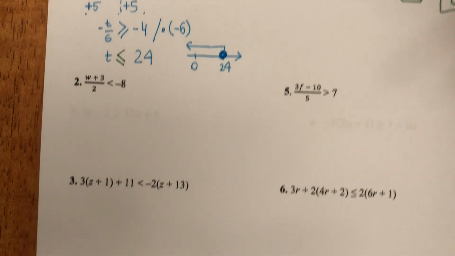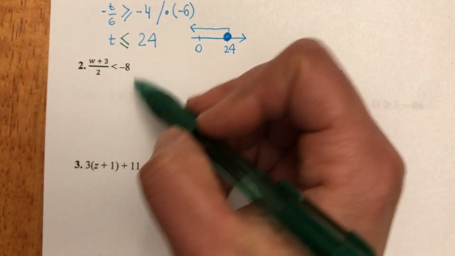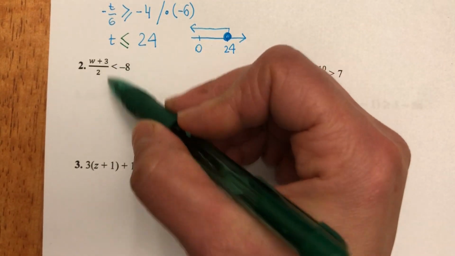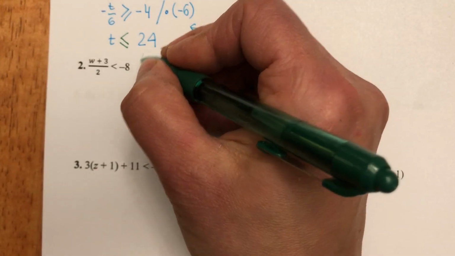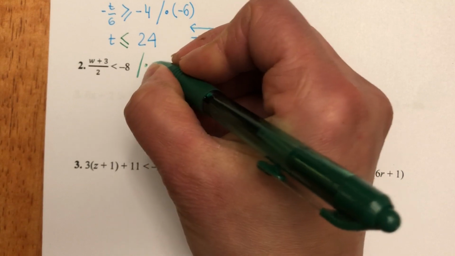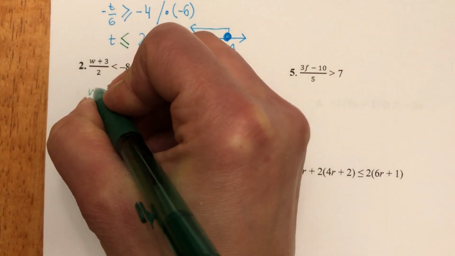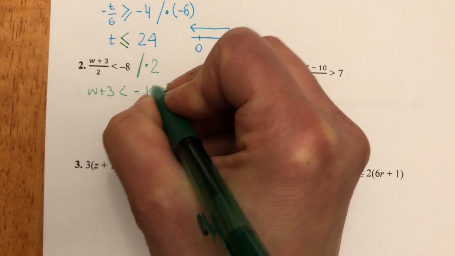All right, let's do another example. Example number 2. I am looking at this and thinking about what I don't like about this. Well, we see the fraction. There's a very easy way to undo this fraction. I am going to multiply both sides by 2. What happens when I do that? W plus 3 is less than -16.